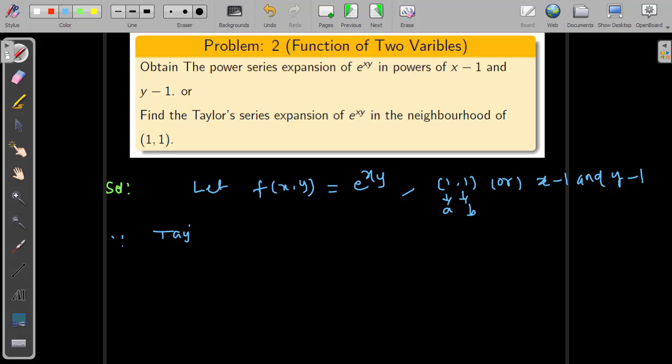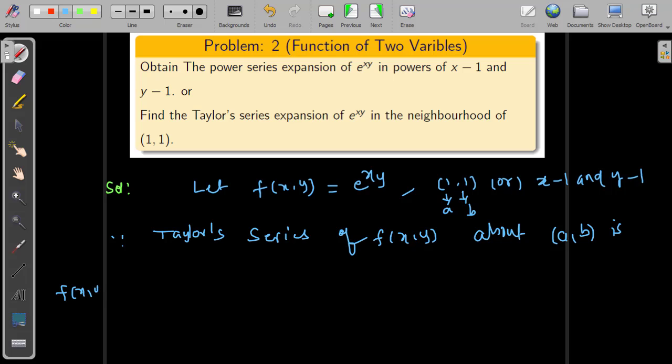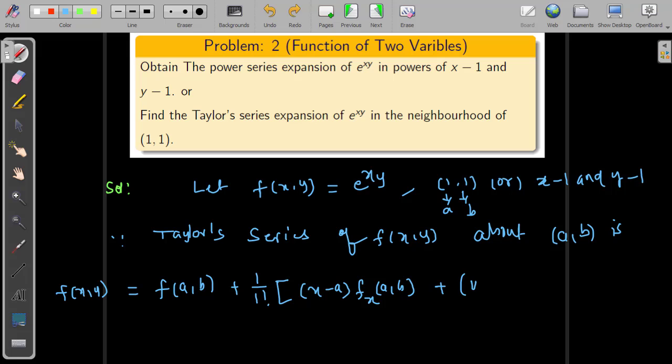Taylor's series of f of x comma y about a comma b is defined like this: f of x comma y equals f of a comma b, plus 1 by 1 factorial times, x minus a times f_x, the partial derivative of f with respect to x at a comma b, plus y minus b times f_y, the partial derivative of f with respect to y at a comma b, close the bracket, plus 1 by 2 factorial multiplied with x minus a whole square, these being first order partial derivatives.